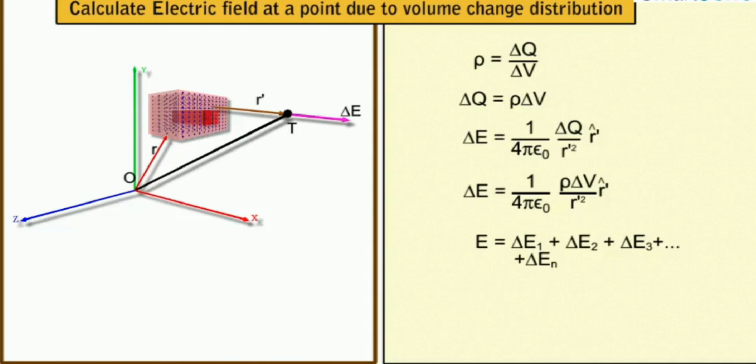Since there will be many infinitesimal volume elements at varying distances from the point T, to obtain the electric field strength E due to the total volume charge distribution, we integrate delta E within suitable limits a to b under the assumption that the volume elements have very small volume tending to 0.